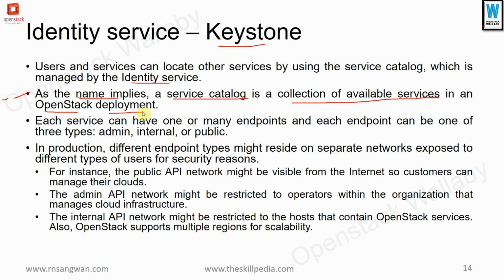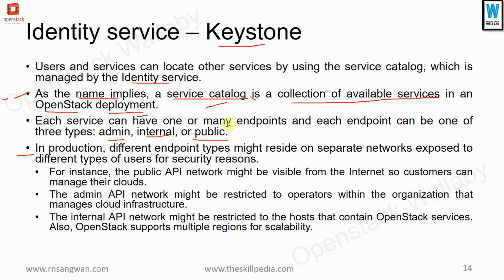In fact, traditionally, there will be 3 endpoints for each service. One will be internal, one will be public, one will be admin. So each endpoint can be one of the 3 types: admin, internal, or public, as I said.